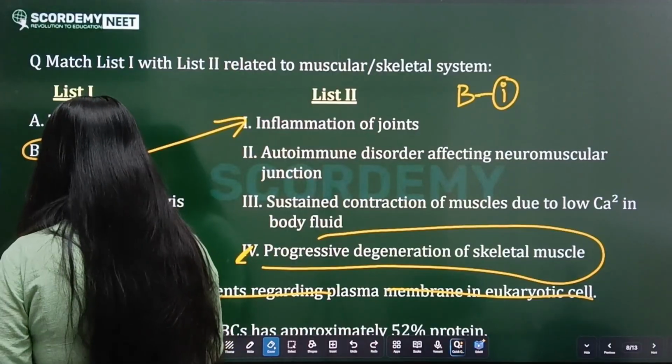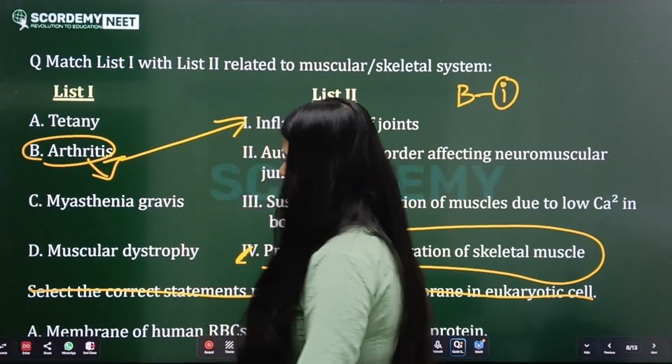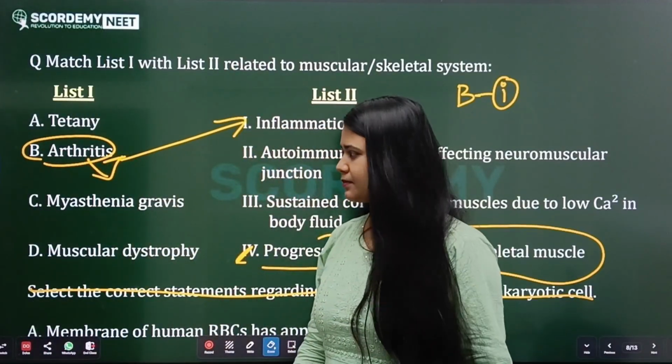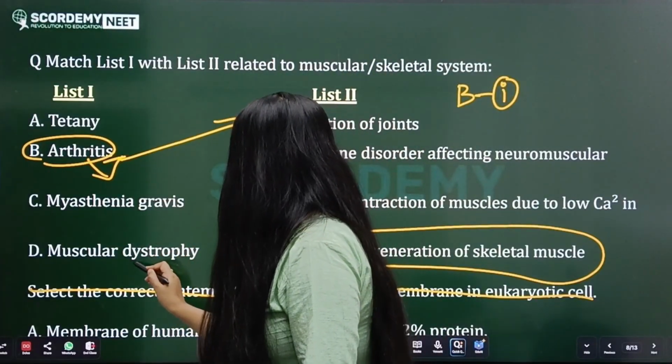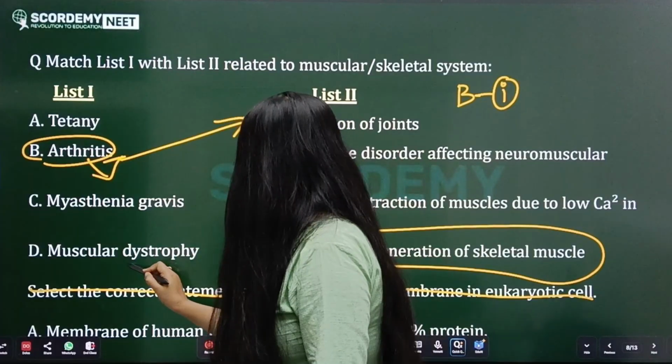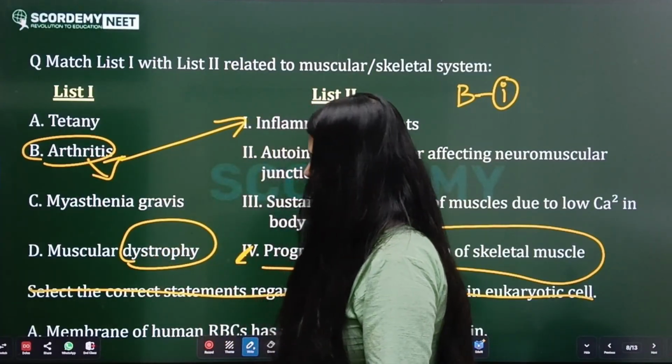someone of you might not know about muscular dystrophy as a whole, but if you consider the term dystrophy, you know its meaning, it's a common term.